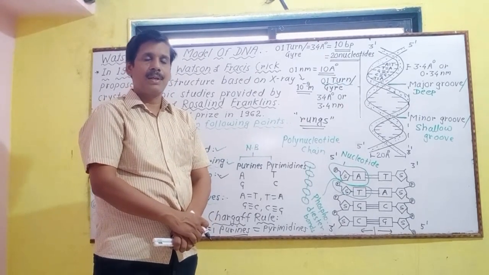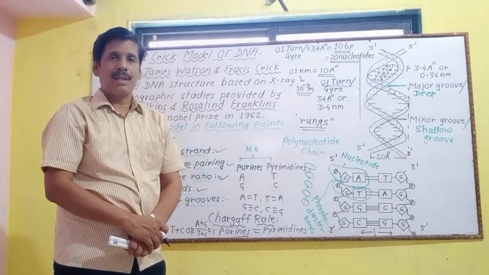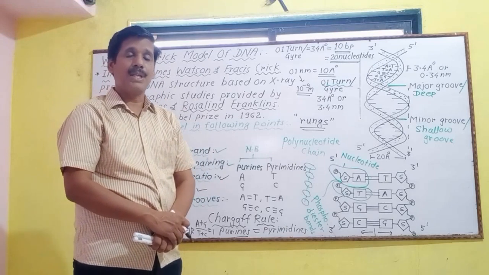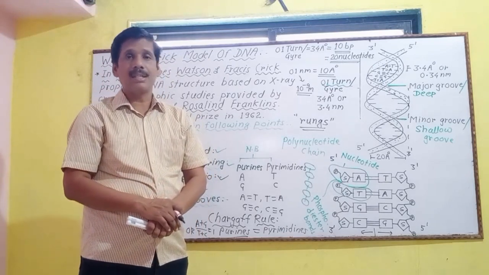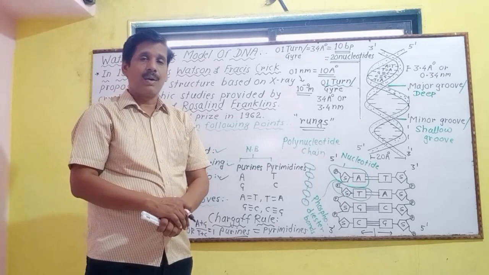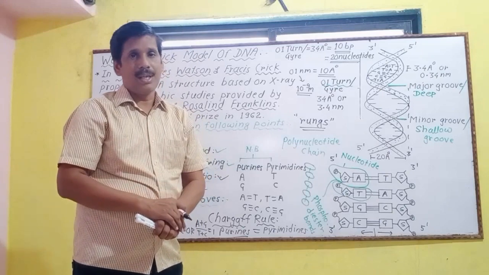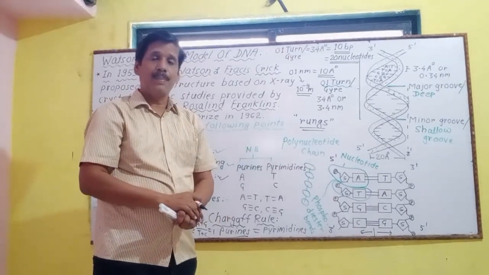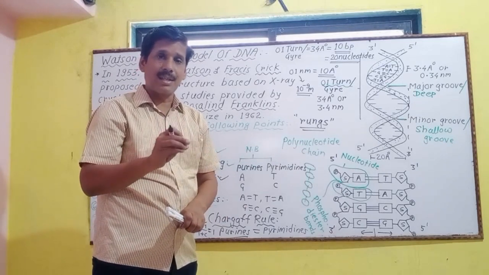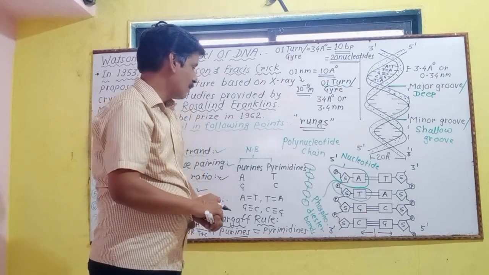In different kinds of DNA, the length of the turn is different and the number of base pairs inside each turn is also different, and on that basis there are different kinds of DNA. Here this is the normal right-handed B-DNA, and inside each turn there are 10 base pairs, meaning 20 nucleotides are present.